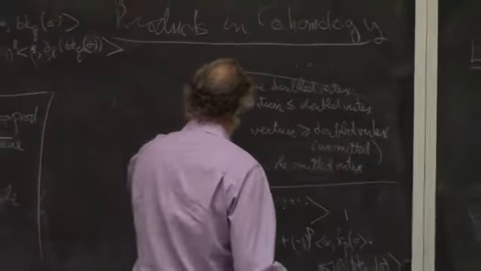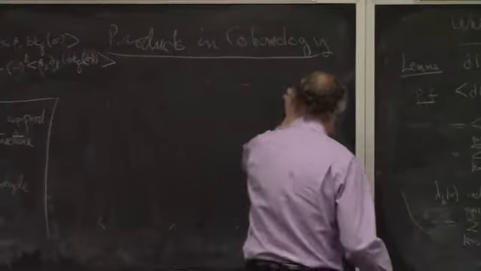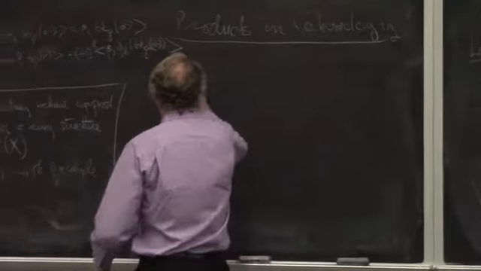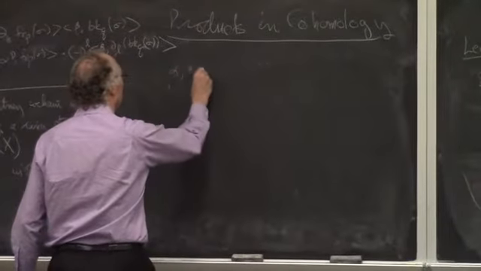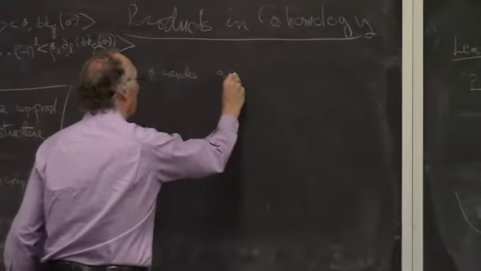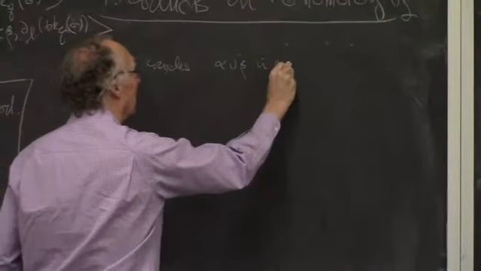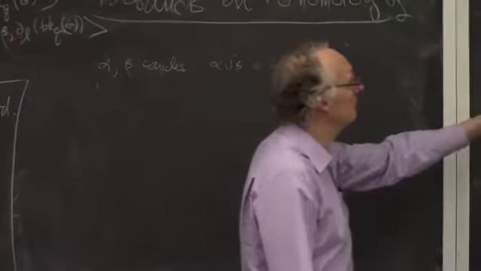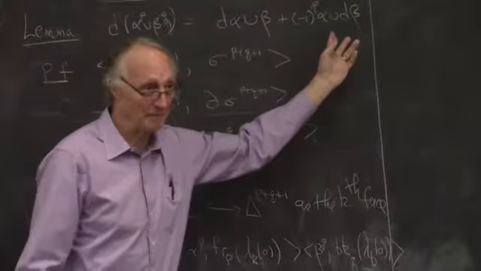So now, if alpha and beta are cocycles, alpha cup beta is a cocycle. That follows directly from this one.